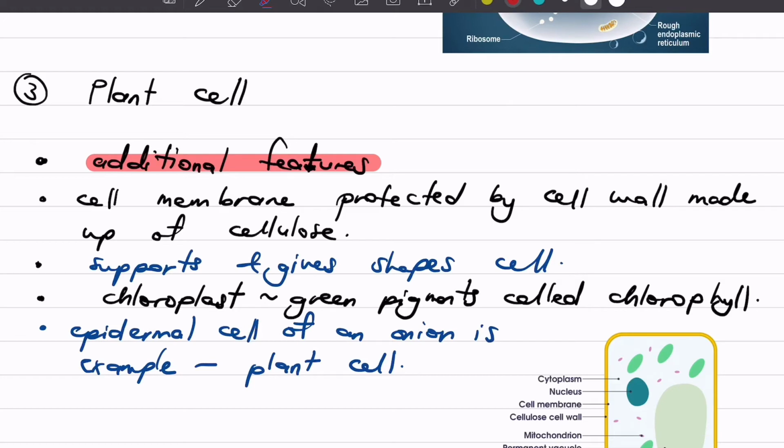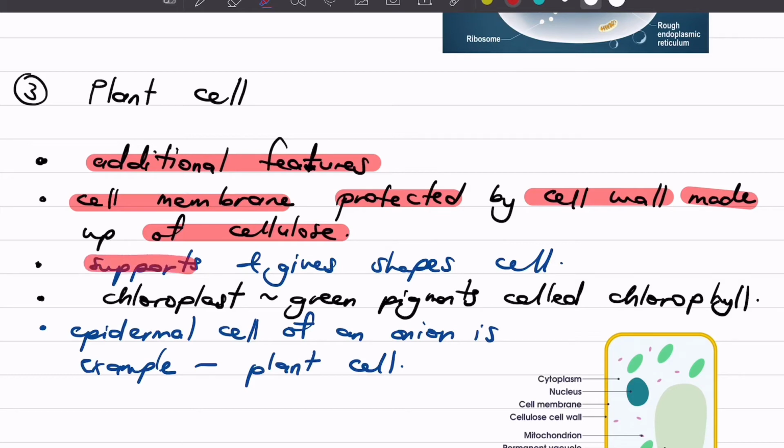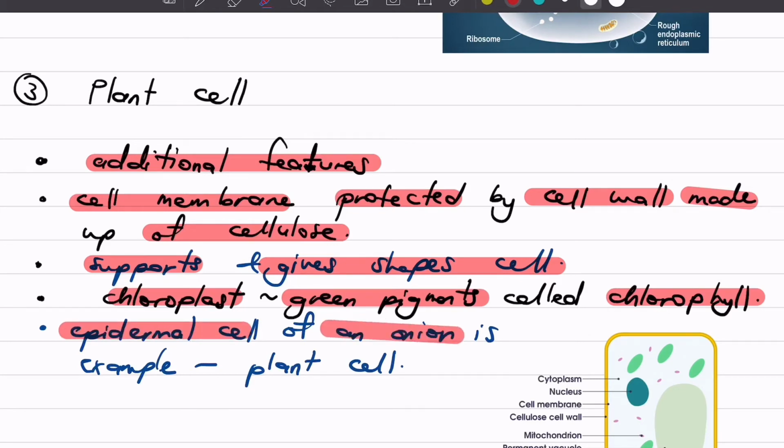The cell membrane is protected by a cell wall, which is made up of cellulose. The function of a cell wall is it supports and gives shape to the cell. There are tiny green discs called chloroplasts with green pigments called chlorophyll. So the epidermal cell of an onion is an example of a plant cell.